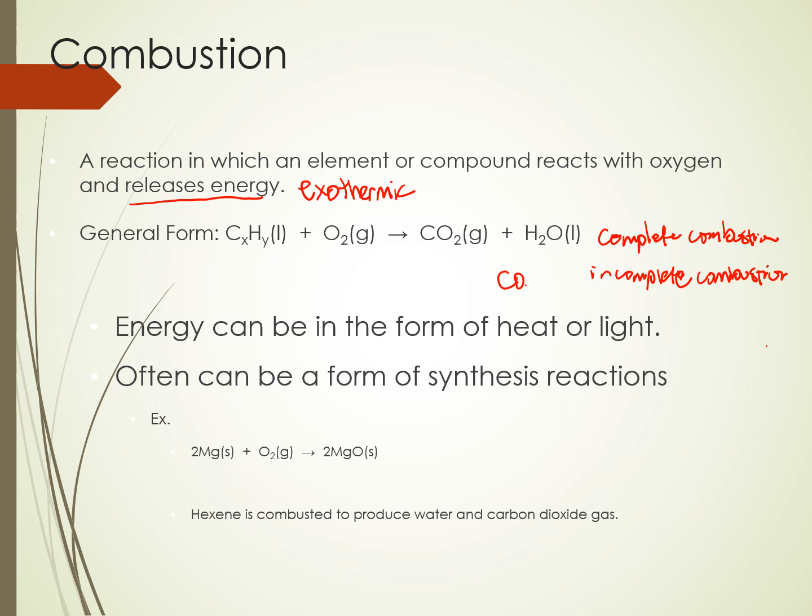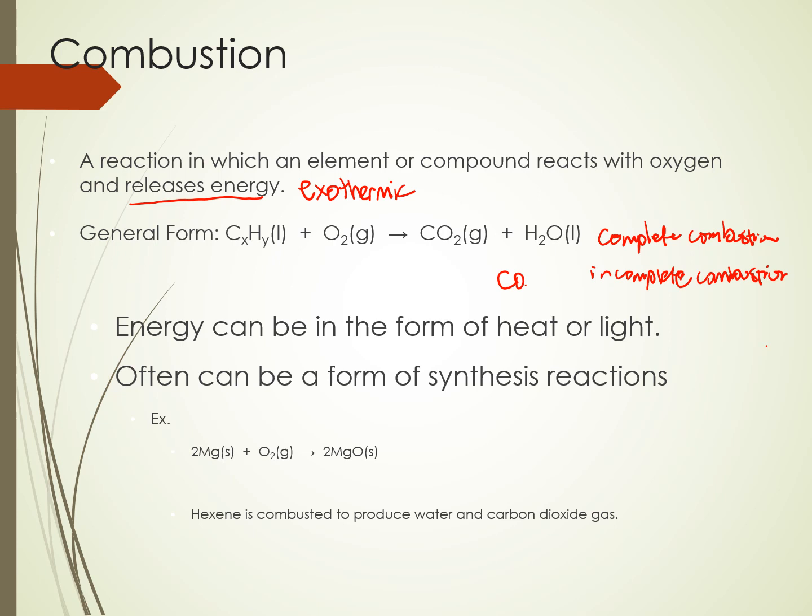Now, combustion is a special form of a synthesis reaction. Something like magnesium metal burning in the presence of oxygen to produce magnesium oxide would be classified for us as a synthesis reaction instead of combustion, but technically it is a form of combustion. So I just wanted to point that out.